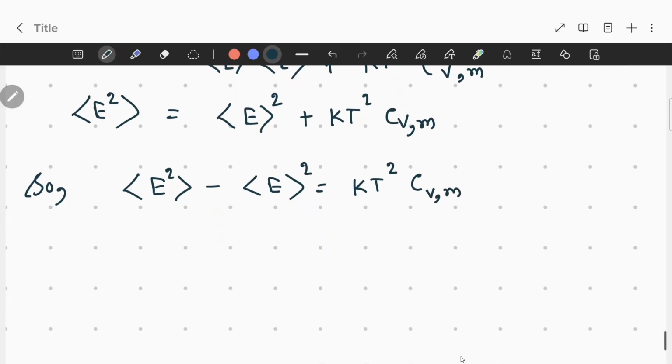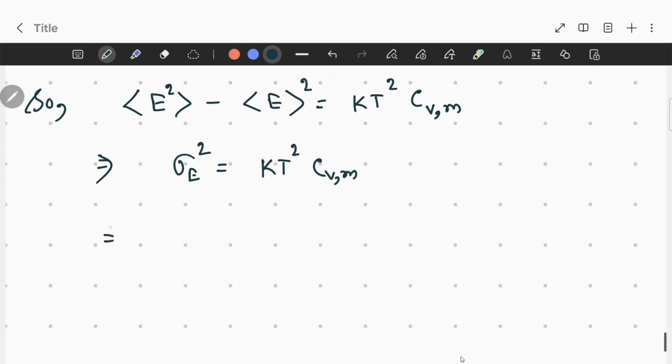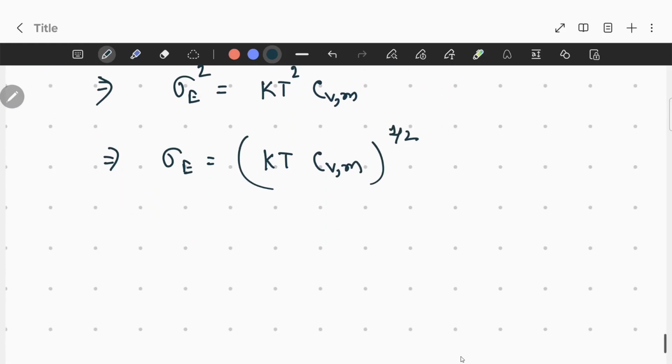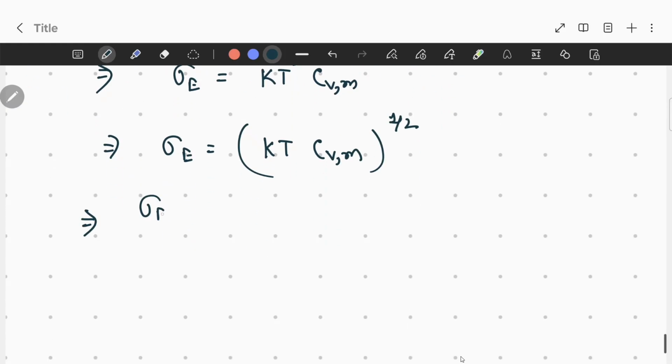And this is eventually sigma E square, standard deviation square, variance. So what will be our standard deviation? Just the root of kT square Cv, exactly. But you know, we have discussed that the relative fluctuation is the more interesting term, right? Instead of fluctuation.